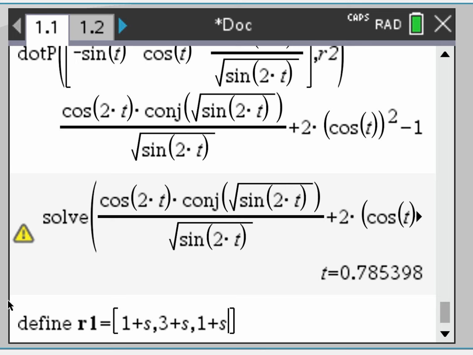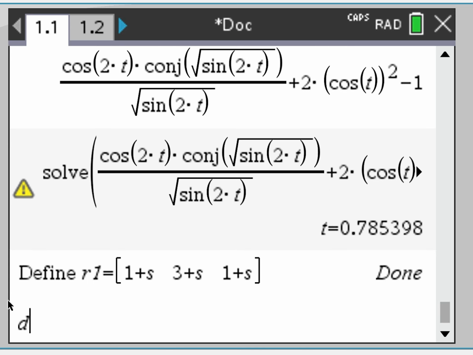So that's our R1. And then define R2 equals negative 2 plus T, comma, 1 plus T, comma, 3 plus T.